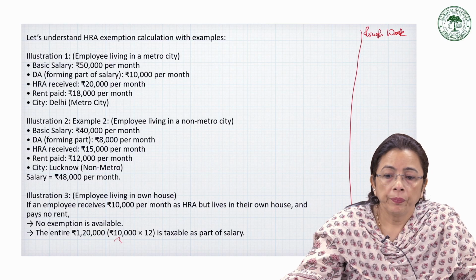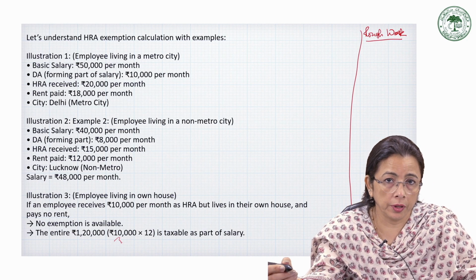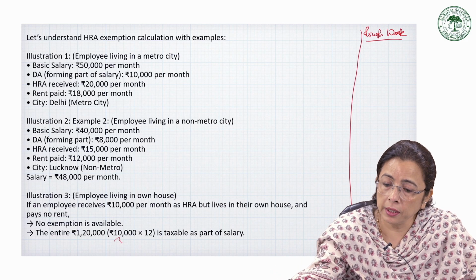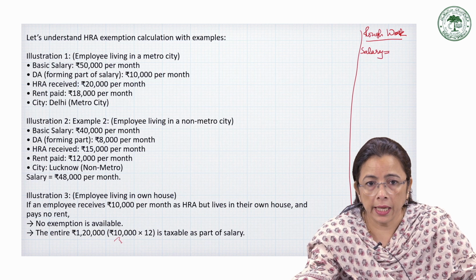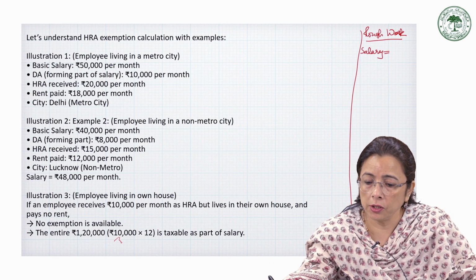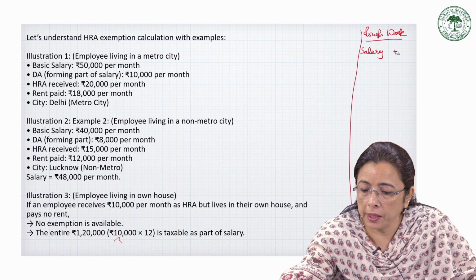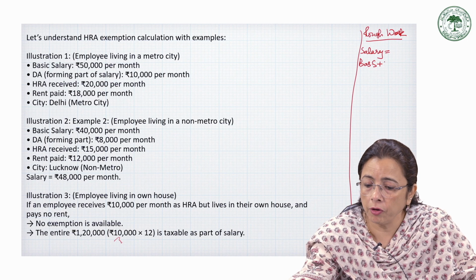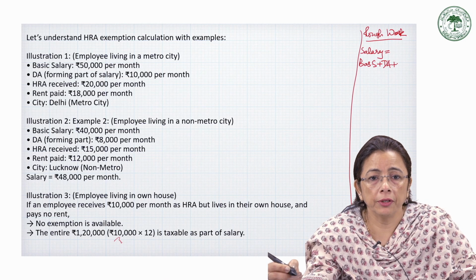For calculating this, the three points, let us first do some rough work. Because we will have to calculate the salary amount for computing 50% and 10%. Salary is equal to basic salary plus DA if it forms part of salary, plus commission if there is any.